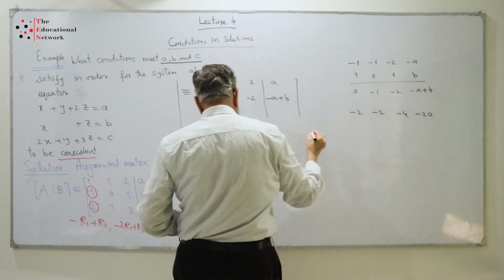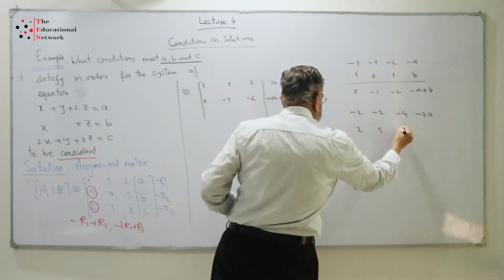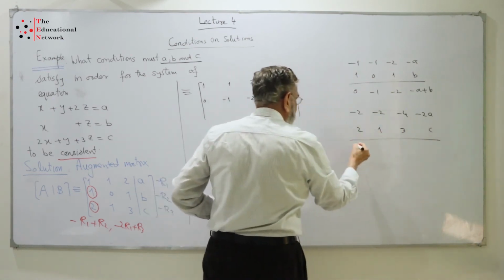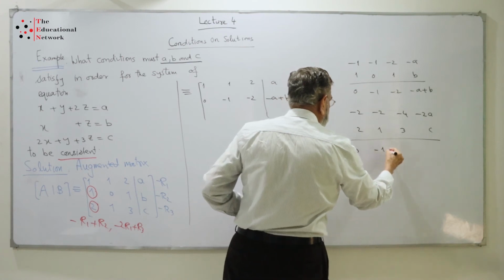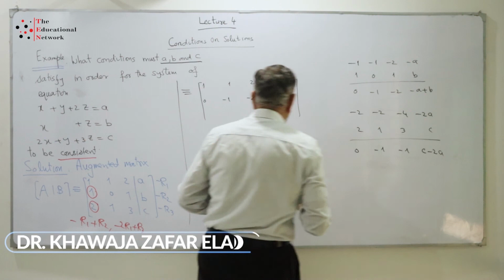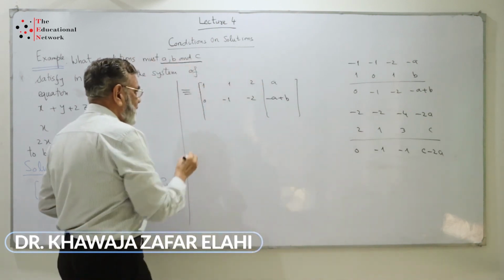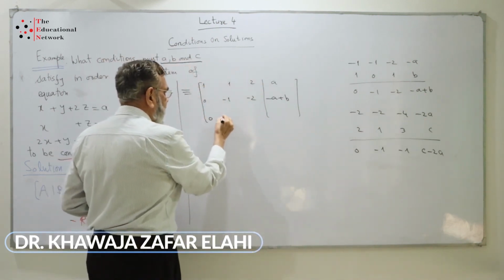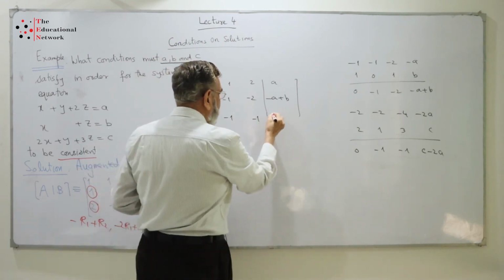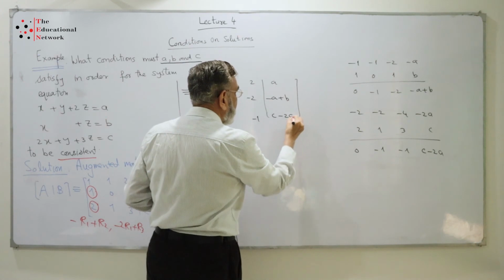My R3 is 2, 1, 3, and c. So I add it, I get 0, -1, -1, c minus 2a. I just rewrite this: 0, -1, -1, c minus 2a.